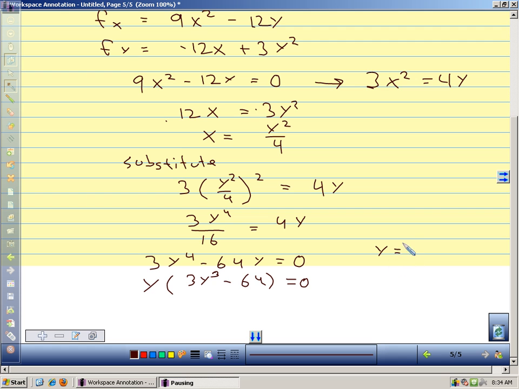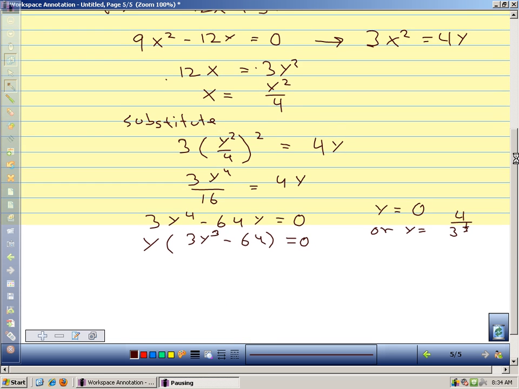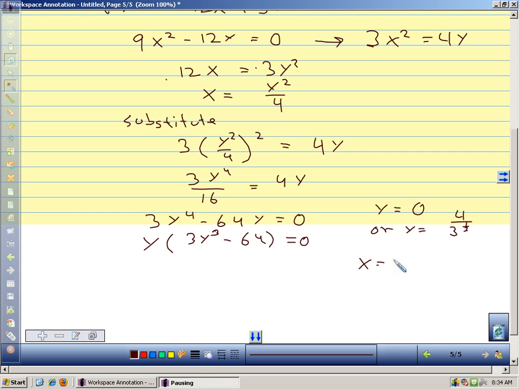So finally, y equals 0, or y equals 4 over 3 to the 1/3. And this tells me that x equals 0, or x equals 4 over 3 to the 2/3.